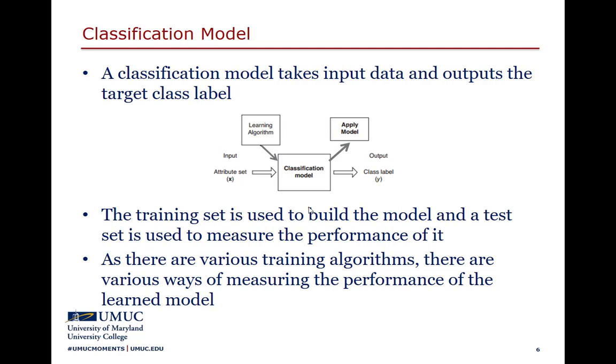In general, you don't evaluate the performance of the model on the same training data that is used to train the model. So you need to set aside a holdout sample or test set as you train the model to also evaluate its performance, which will be the second part of this lecture. We'll focus on how you do evaluation, both in training and test, and how to compare those.